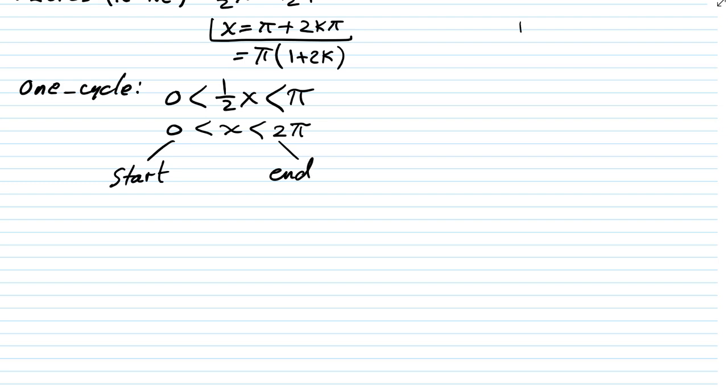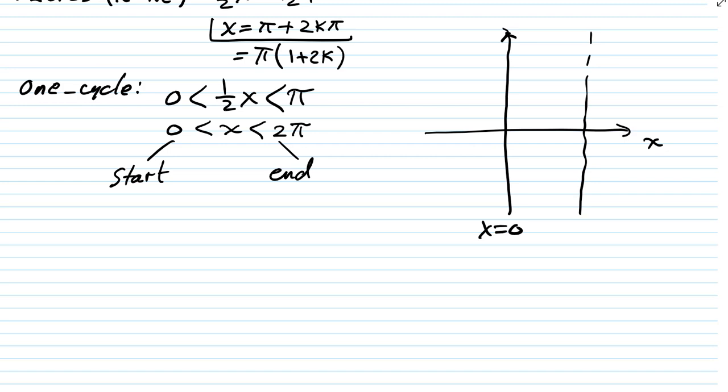Now I can actually graph simply one cycle from 0 to 2 pi. So this is going to be the x, and suppose, again, there's my vertical axis, which is x equals 0, the y-axis, and the other one is at 2 pi, call this x equals 2 pi. Again, these are dotted because these are the vertical asymptotes.